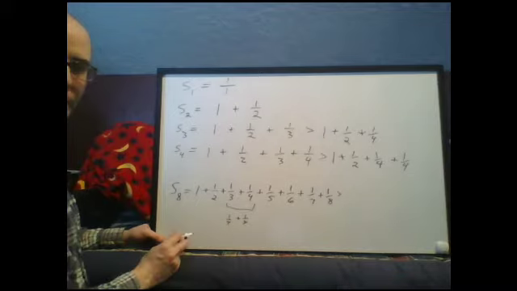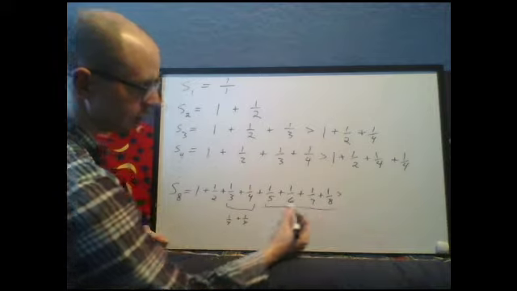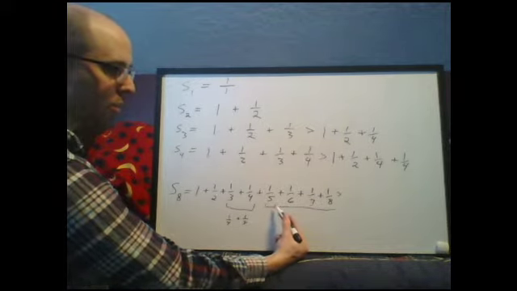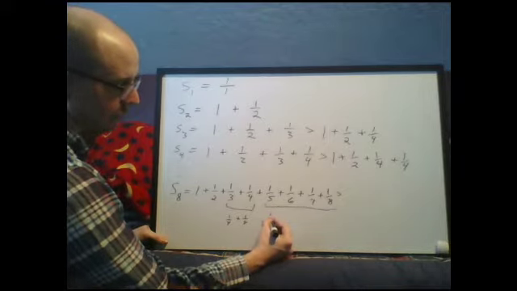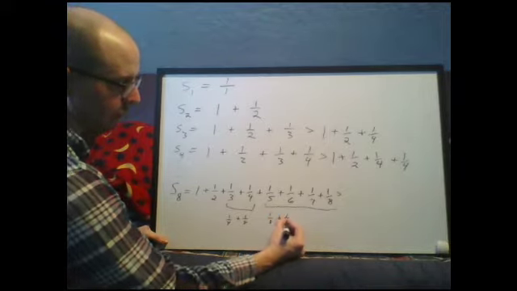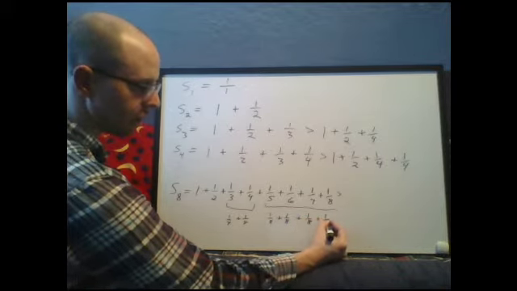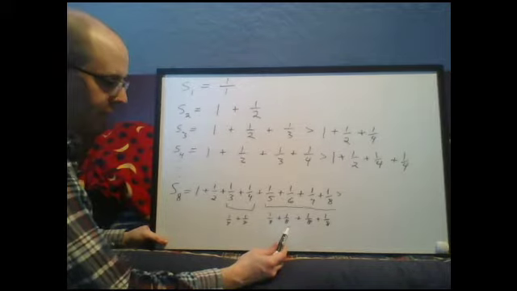Together those are going to make a 1/2. Then the next three of these, 1/5, 1/6, and 1/7, those are all bigger than 1/8. So I'm going to replace these with 1/8 plus 1/8 plus 1/8. Then I already have a 1/8. That's 4 1/8s. Together that makes another 1/2.